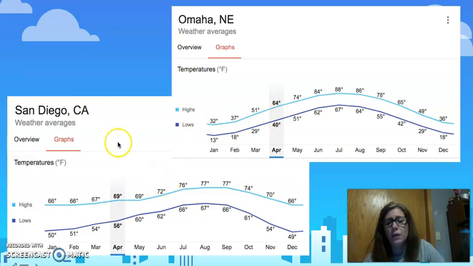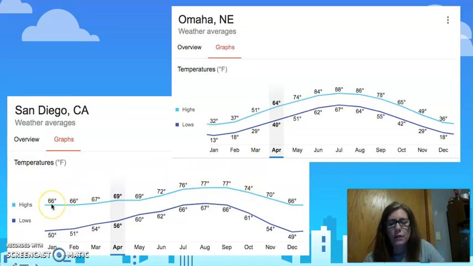Now, if we look at San Diego, we look at their high temperature in January is around 66 degrees. Then if you notice, in April, it's 69 degrees. In July, 76. And then in October, 74.